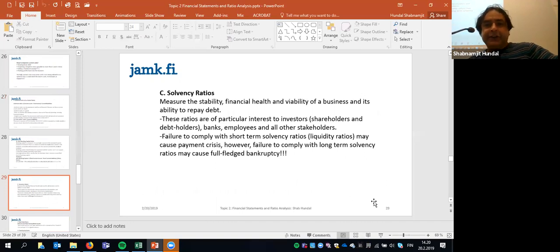The next category of ratio I want to discuss with you is called solvency ratio. The solvency ratio means how solvent you are.